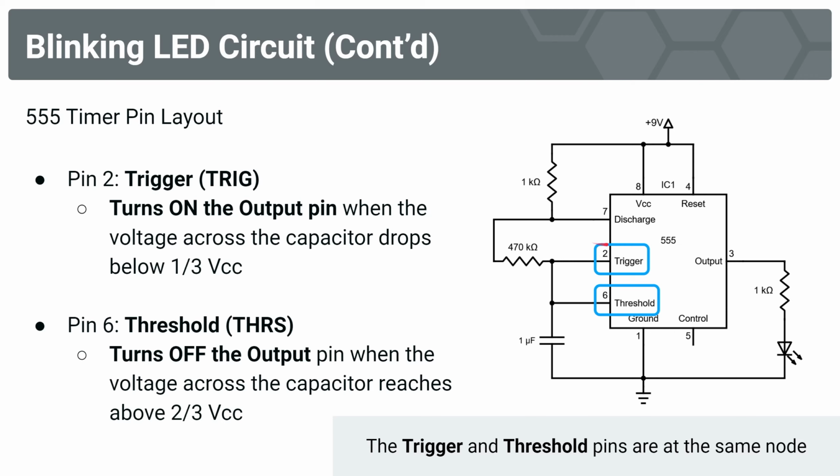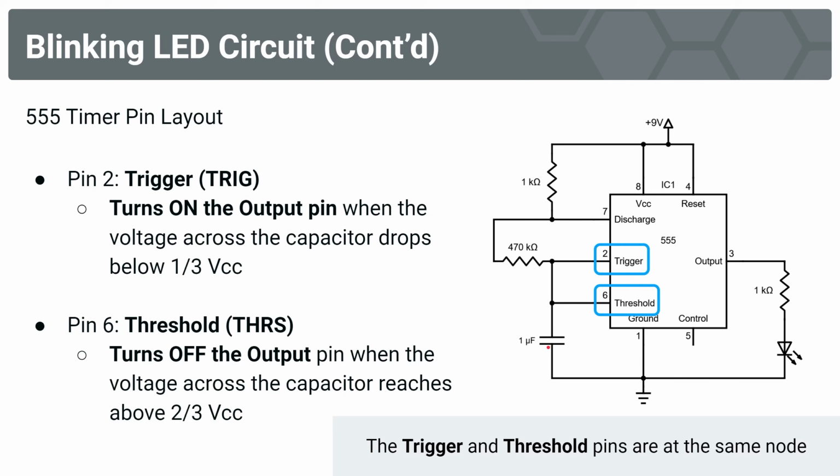That's because the trigger pin sits at the same node as one terminal of the capacitor. So when the capacitor reaches 1/3 charge, 1/3 VCC, so has the trigger pin. And that's how internally the 555 timer knows when the capacitor has reached the trigger point.